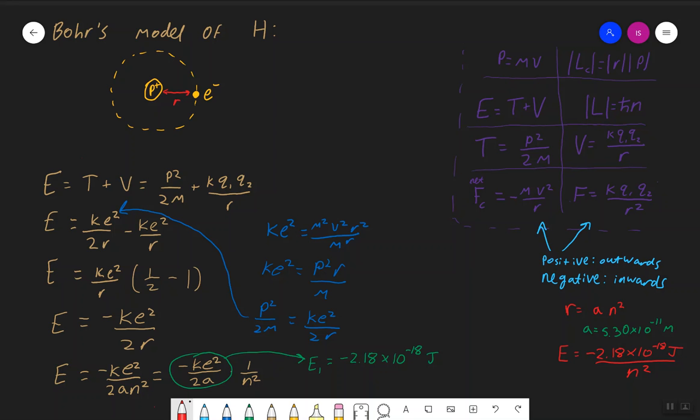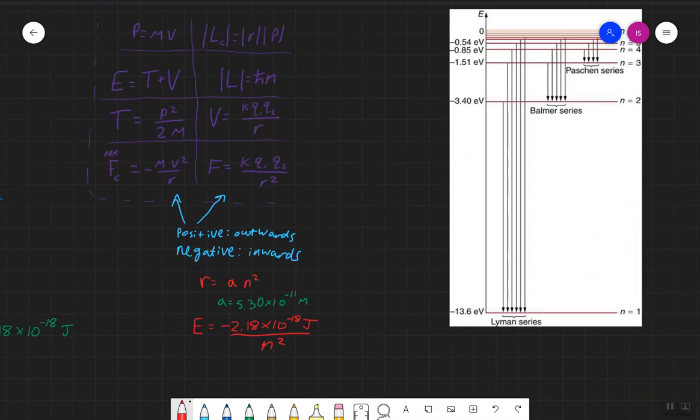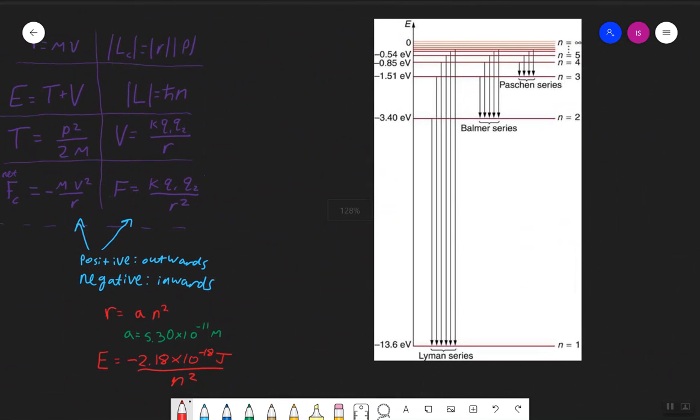Okay, so now looking at this, we're calling the energies negative, but that's okay. Again, energy is relative, as I think we've mentioned before. It depends on where you define potential energy equal to 0. If you make a diagram of these energies, which I have set up for the next video where we'll talk more about this, this negative 2.18 times 10 to the negative 18th joules is approximately negative 13.6 electron volts.